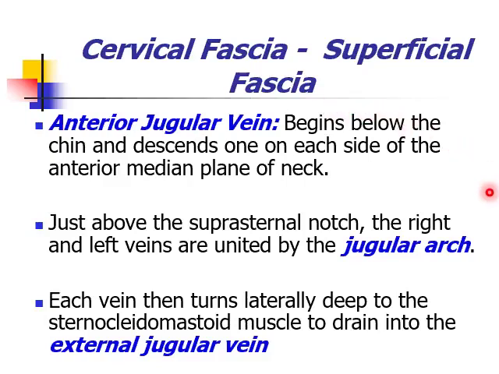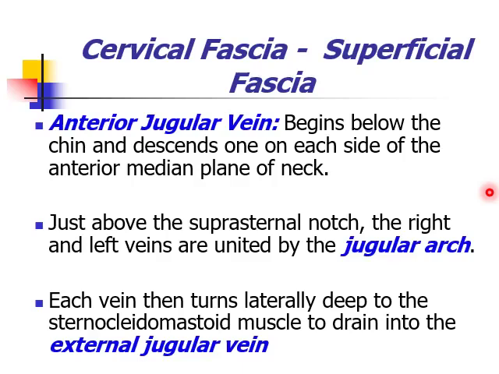Another content of the superficial fascia of the neck would be the anterior jugular vein. As we mentioned, we have the external jugular is present at the lateral surface of the sternomastoid. For the anterior jugular vein, they both start from the chin, just below the chin, and descend on each side of the midline, forming what we call the anterior jugular veins.